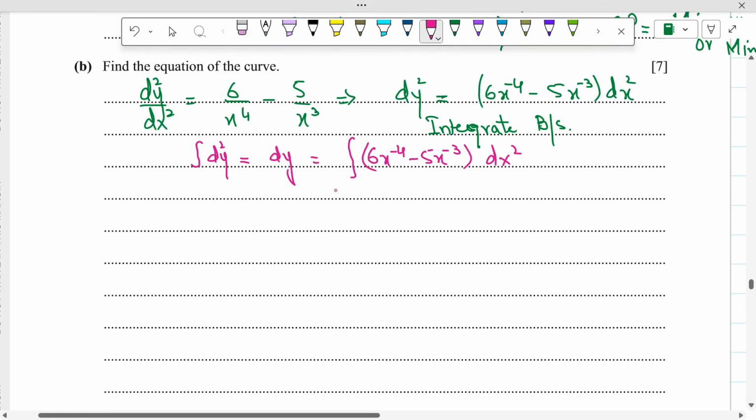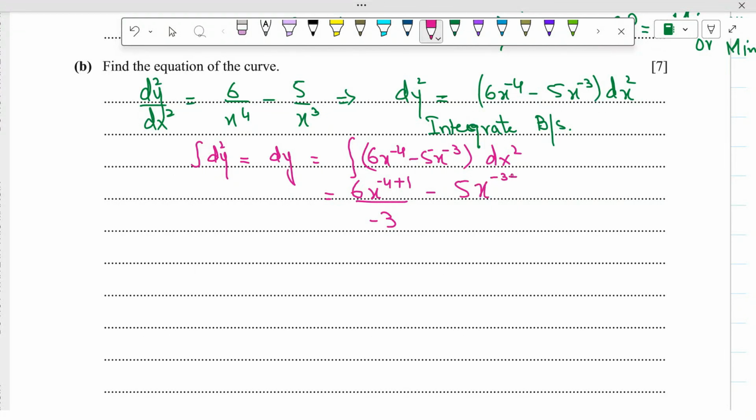The integration of 6x to the power of negative 4 is x to the power of negative 4 plus 1 over the power, which is negative 3, minus 5. The integration of x to the power of negative 3 is x to the power of negative 3 plus 1 over the power, which is negative 2, plus a constant, multiplied by dx.